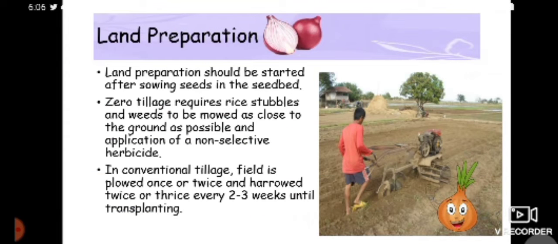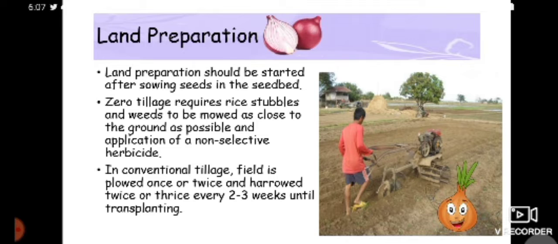Land preparation. Land preparation should be started when seeds are sown in the seedbed. It can be done by zero or minimum tillage with rice straw mulching, or conventional tillage. Zero tillage requires rice stubbles and weeds to be cut as close to the ground as possible.